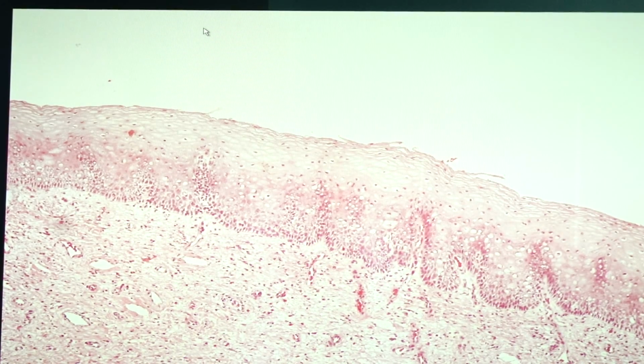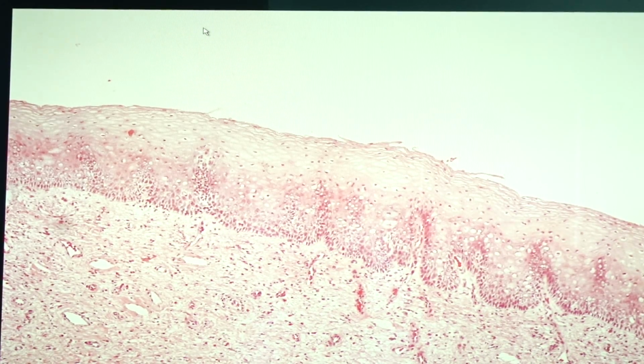Before we look into the precursor of the cervix, we start with the lining epithelium. The lining epithelium of the ectocervix would be the stratified squamous epithelium, which is this one.